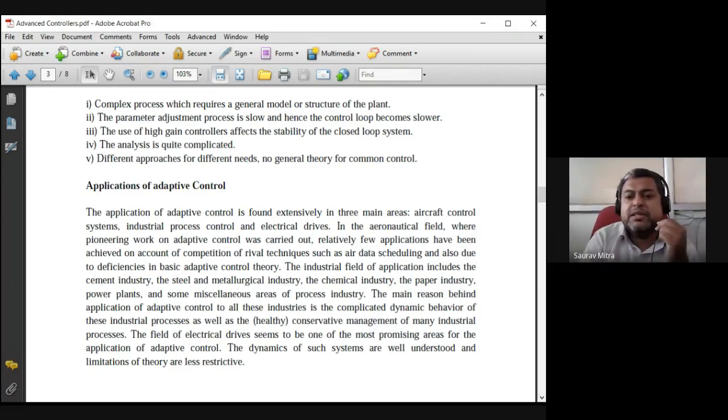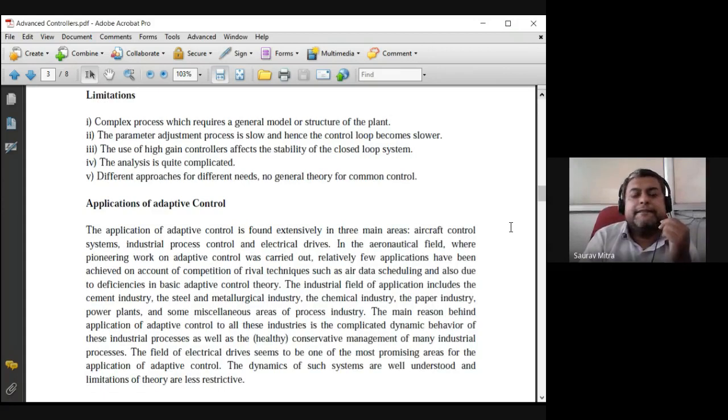Now what we are discussing are the limitations of adaptive control. A complex process requires a general model or structure of the plant. So controlling a very complex process cannot be done by an adaptive controller. The parameter adjustment process is slow and hence the control loop becomes slower.